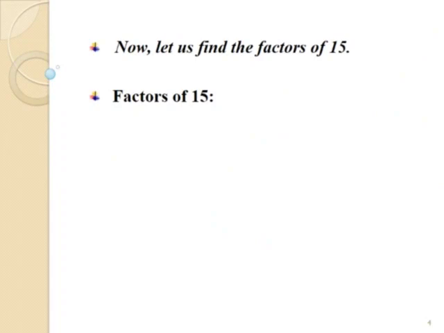Now let us find the factors of 15 by multiplication method. Multiplying 1 by 15, we get 15. Thus, 1 and 15 are the factors of 15. Multiplying 3 by 5, we get 15.